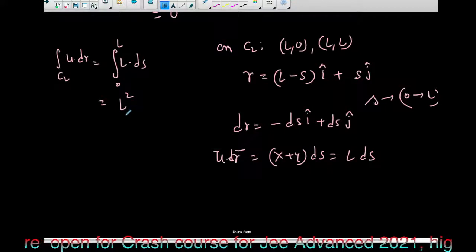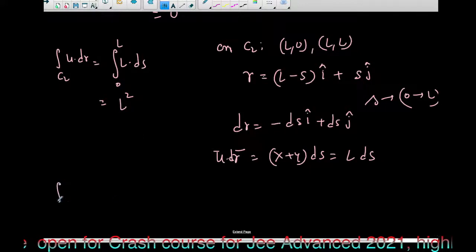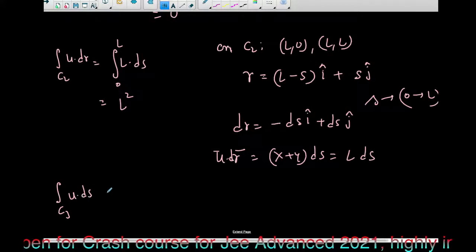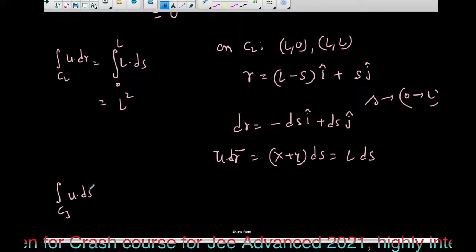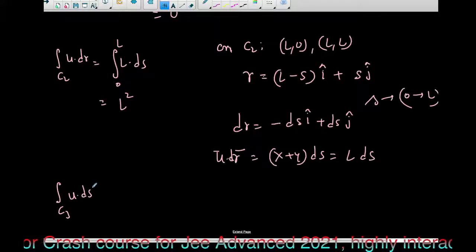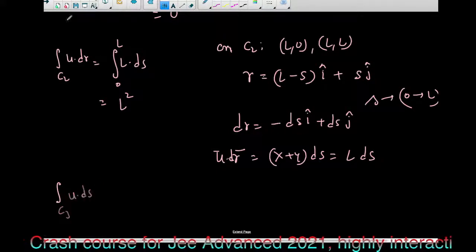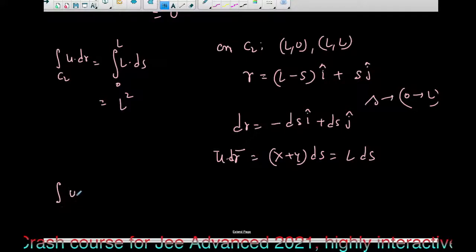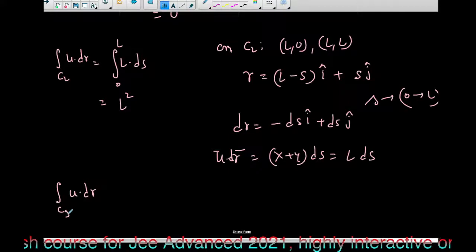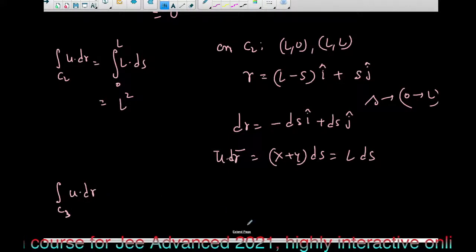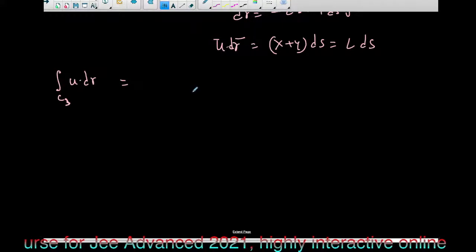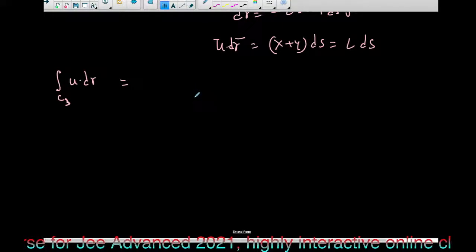Once you get that, similarly go for the C3 curve. For the C3 curve, if I see u dot dr, what will you get?